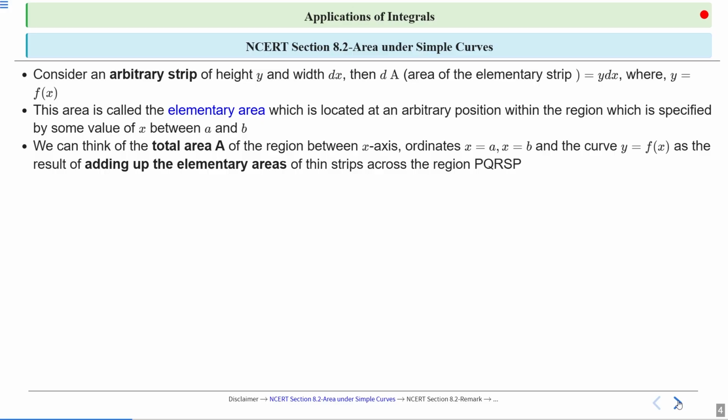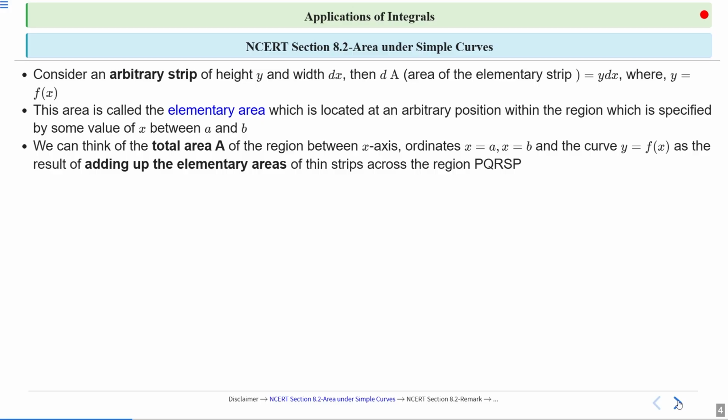So at first we calculate the area of the elementary strip, and for an elementary strip, height of the elementary strip is y and its width is dx. So area of elementary strip is y into dx, where y is a function of x.